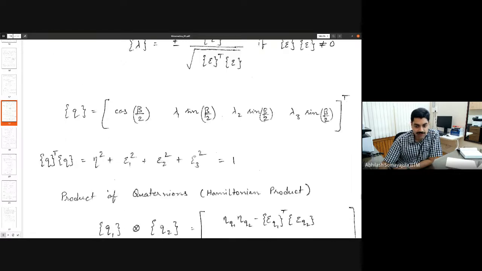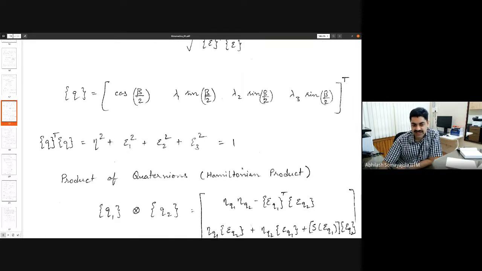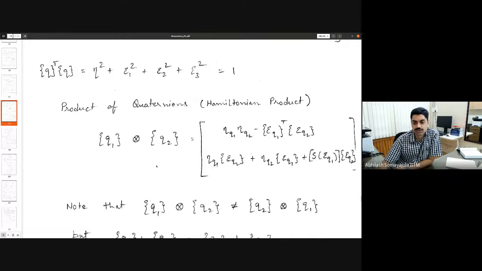Alright, so armed with that, we see that this representation naturally satisfies the quaternion's requirement that the norm is equal to 1. Then we defined the idea of the product of two quaternions. So when I take a Hamiltonian product of two quaternions, I end up with another quaternion, and this is how we go through the algebra to get the components of that product.